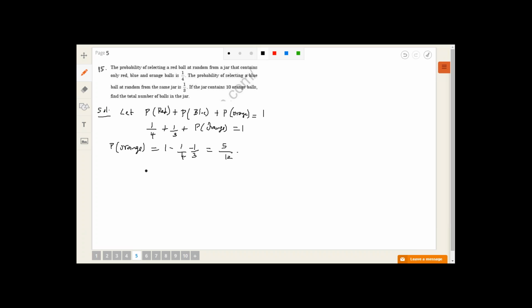But total number of orange balls is equal to 10, that is given.